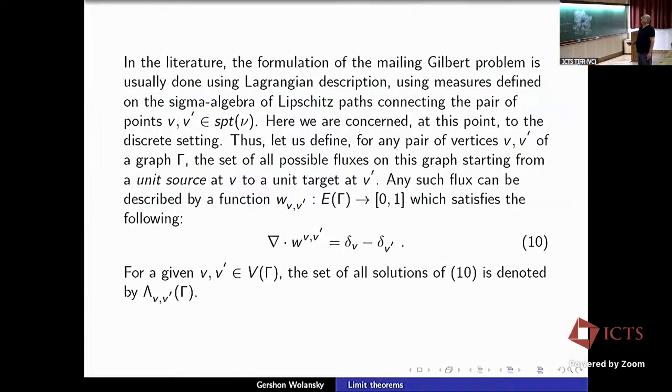So let's define this for each pair of vertices on a given graph. We define this function which has a source at a prescribed point V, and the targeted point V prime. So this is a flux on the edges.